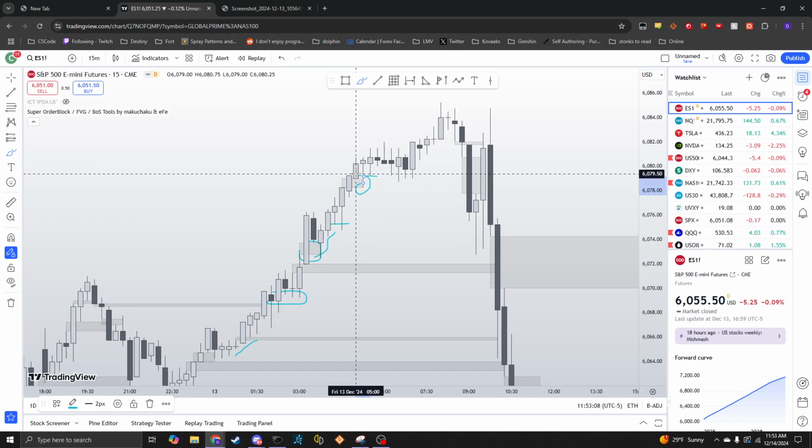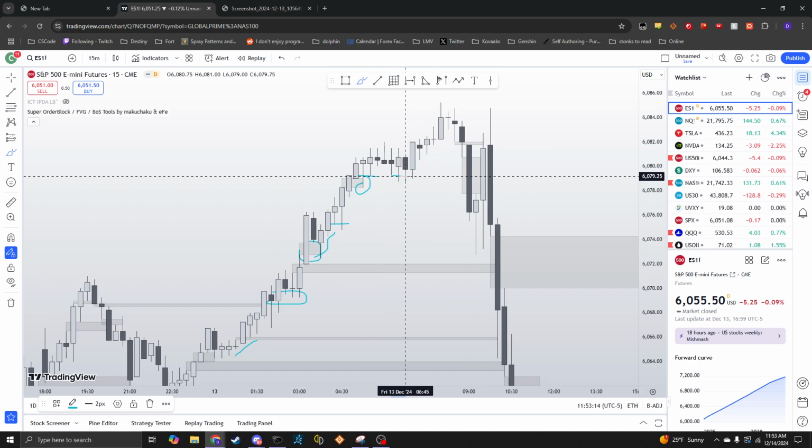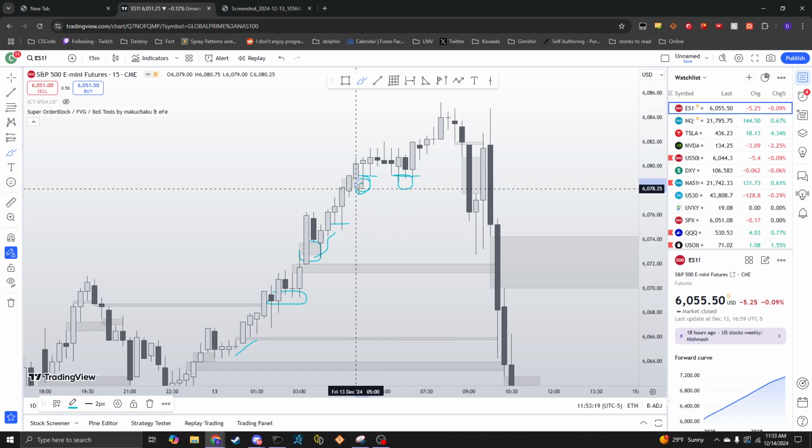The turtle soups are what you can use as your structure shift, because those should not get hit. So even if you have something like this where you have a low, you can clearly see that you sweep it, or even this one here, it's technically a rebalance from low, for the ICT people. But basically when you get a turtle soup like this into a fair value gap, there's not a lot of reason for the market to need to come back to that if you're bullish.